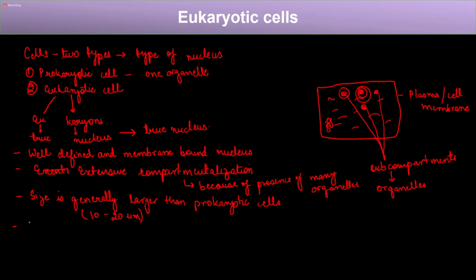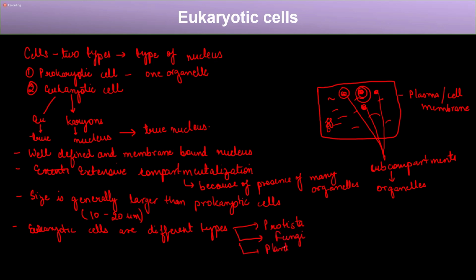Are all eukaryotic cells of the same type? The answer is no. Eukaryotic cells are of different types, ranging from protista, which you will study in kingdom classification, to fungi, plant, and animal. In contrast, in prokaryotic cells you majorly studied bacteria, which is only one kingdom, while eukaryotic cells can be protista, fungi, plant, or animal.